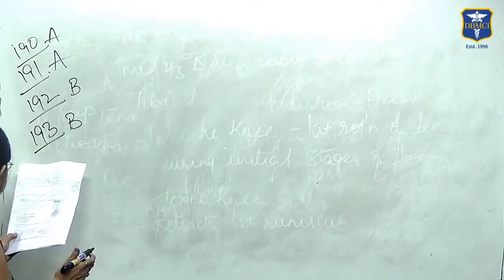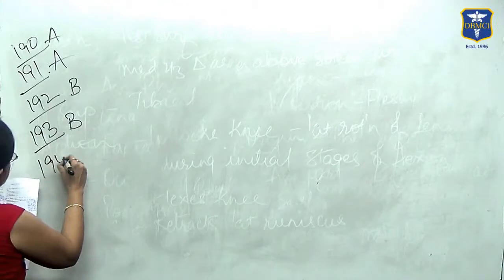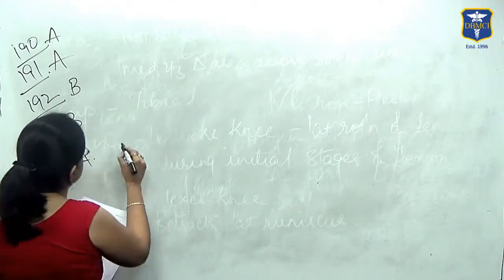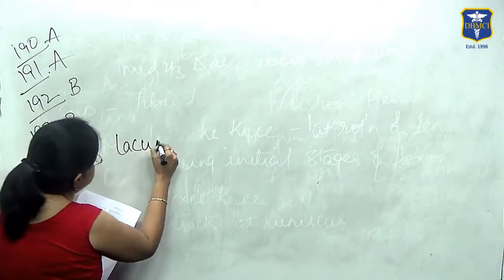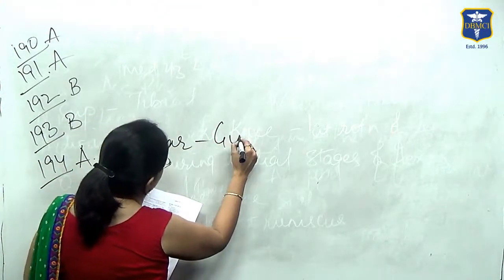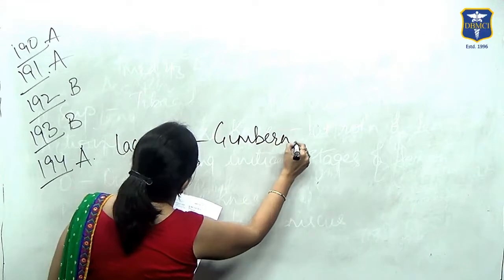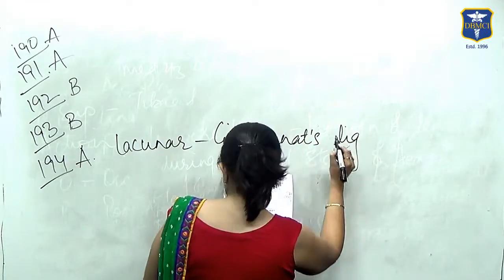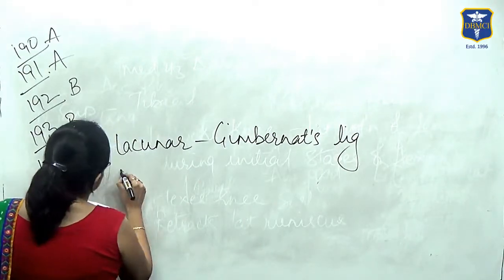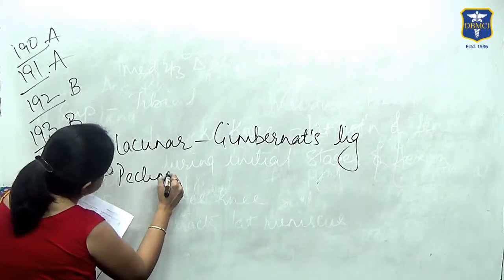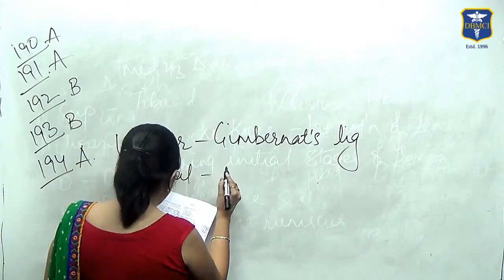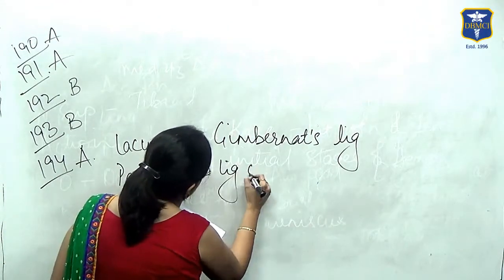Question 194, the answer is A. The lacunar ligament is also called Gimbernat's ligament. The pectineal ligament is also called the ligament of Cooper.